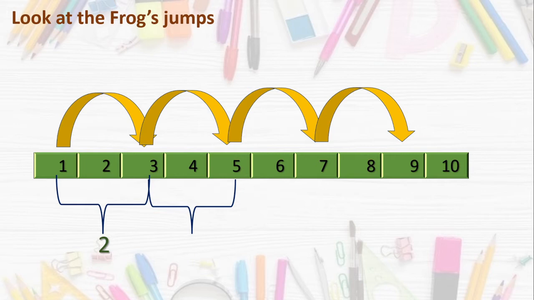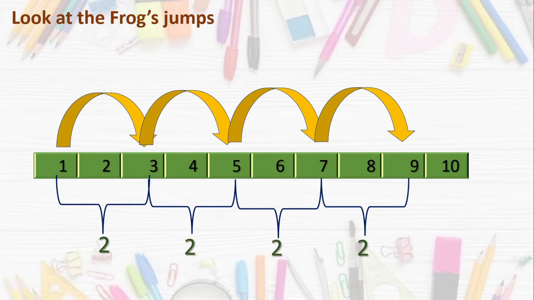What is the difference? Yes, after 3, 4 and 5, means again the difference is 2. Then from 5 to 6 to 7, again the difference is 2. Then from 7 to 9, means 8 is there and 9. So the difference is 2.